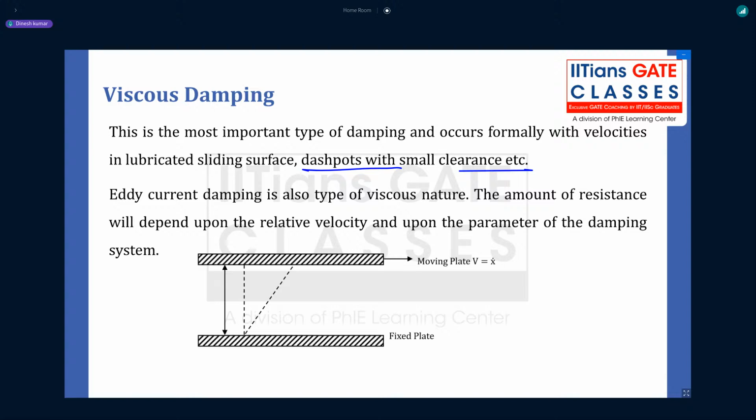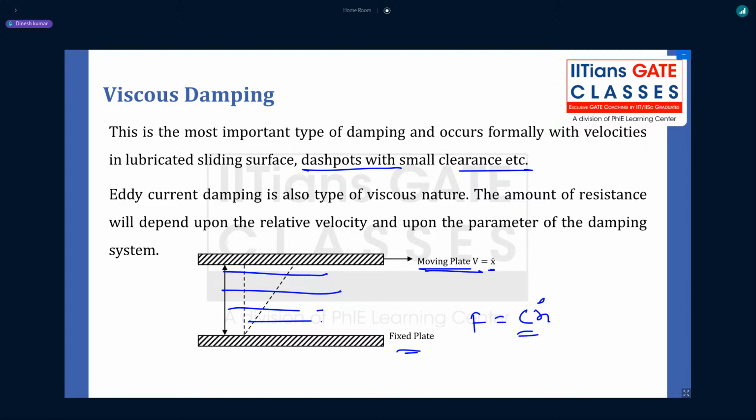Now guys, we can understand viscous damping by a simple example. There is a fixed plate and in between there is a liquid and there is a moving plate with some velocity v, which is x dot. So there will be a resistance force due to this liquid, which will be some c times x dot.